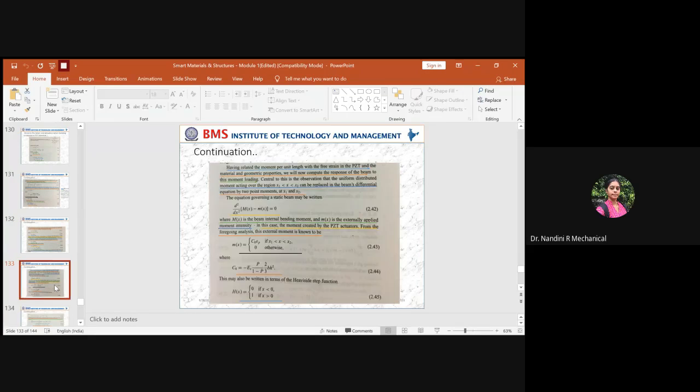The same thing has been written over here. The value of capacitance is within this range. The other way of writing it is as a Heaviside step function. Instead of showing the moment values, like for external moment values, you can use the Heaviside step function. Usually we go with the external moment value only.